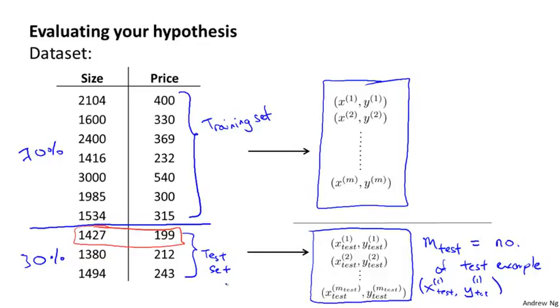If there is any sorted ordering to the data, it'd actually be better to send a random 70% of your data to the training set and a random 30% of your data to the test set. So if your data were already randomly sorted, you could just take the first 70% and last 30%, but if your data were not randomly ordered, it'd be better to randomly shuffle or to randomly reorder the examples in your training set before sending the first 70% to the training set and the last 30% to the test set.